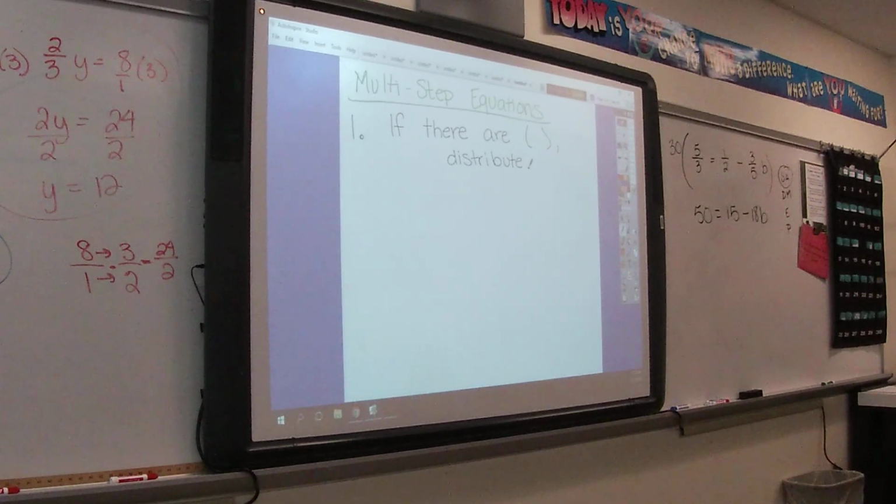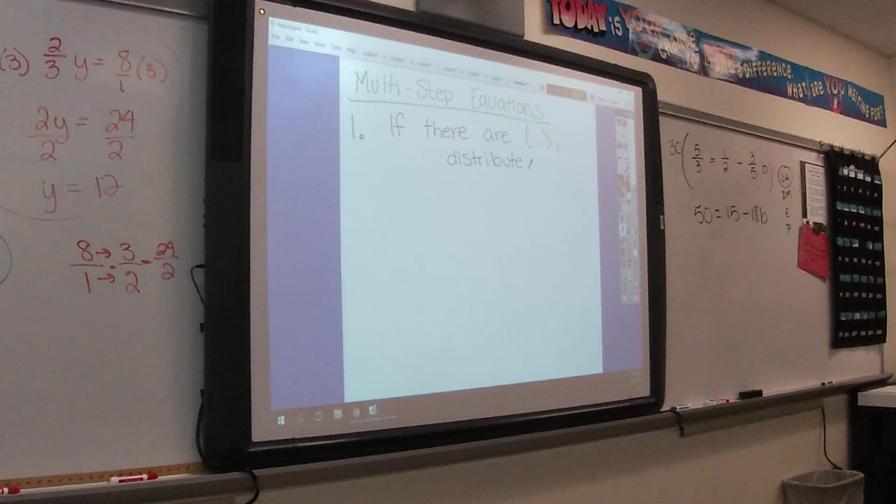Remember those properties from past school years, the commutative property, the associative property, the distributive property. Remember those? What does the distributive property tell us to do? And what does distribute mean? In English, to pass out, right? If I distribute papers, I'm passing them out.